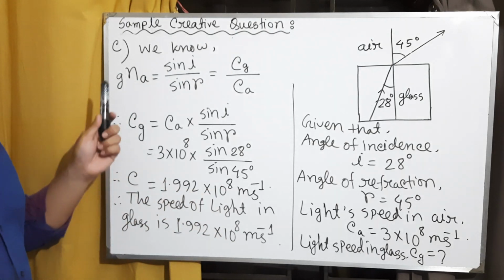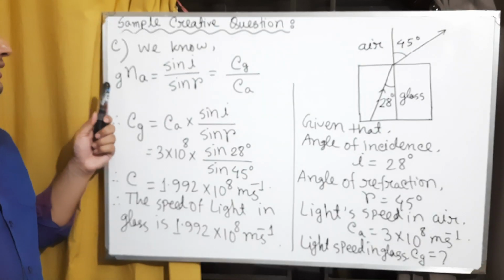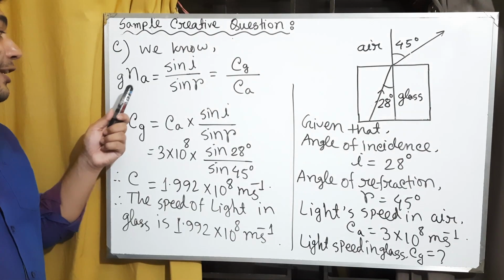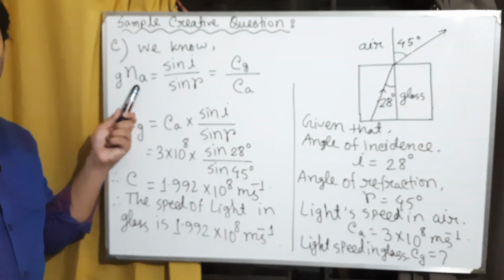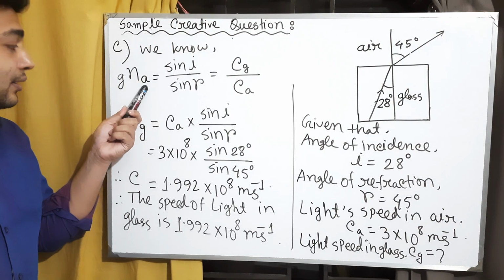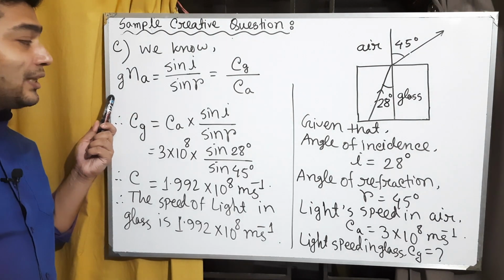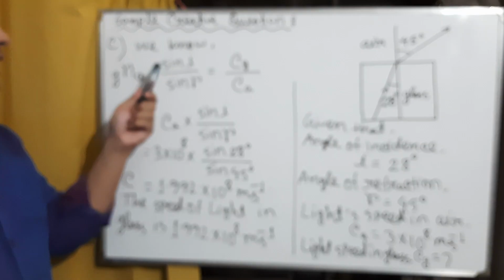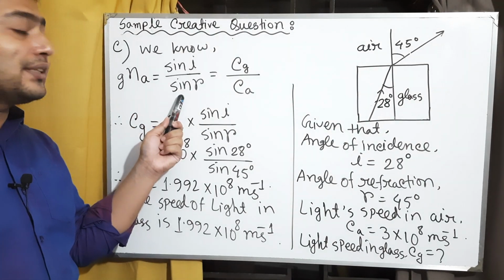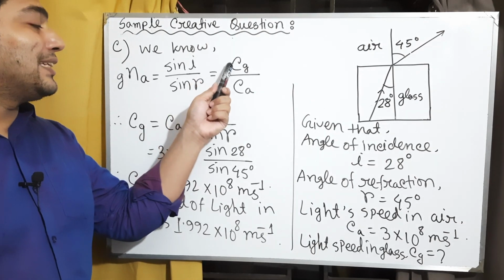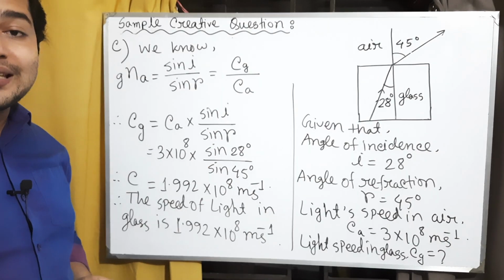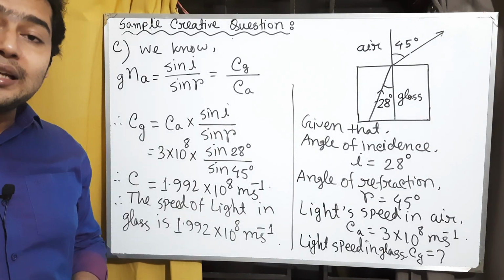So here the refractive index is gna, the refractive index of air with respect to glass, equal to sin I by sin R, equal to Cg by Ca. Here Cg is the speed of light in glass and Ca is the speed of light in air.